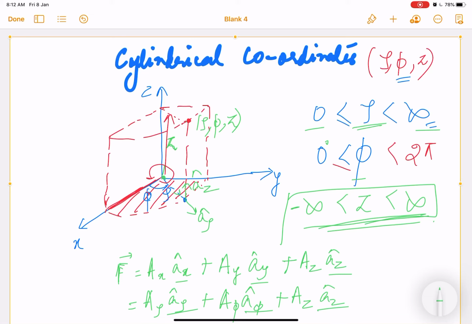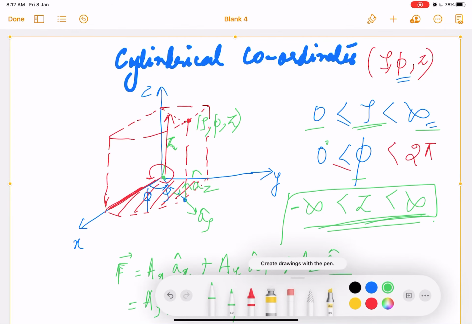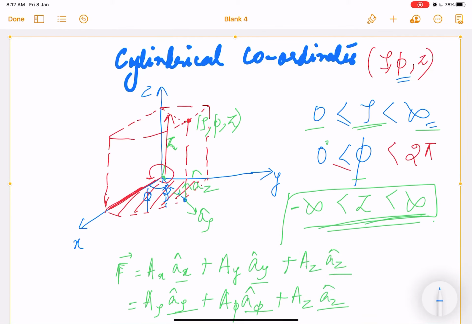But what about this a phi cap? Let me change the color. As you can see, suppose I have to move about phi, then I am actually moving over here. From the x-axis I started, and I'm moving in this direction. So you can say it's moving in the counterclockwise direction.